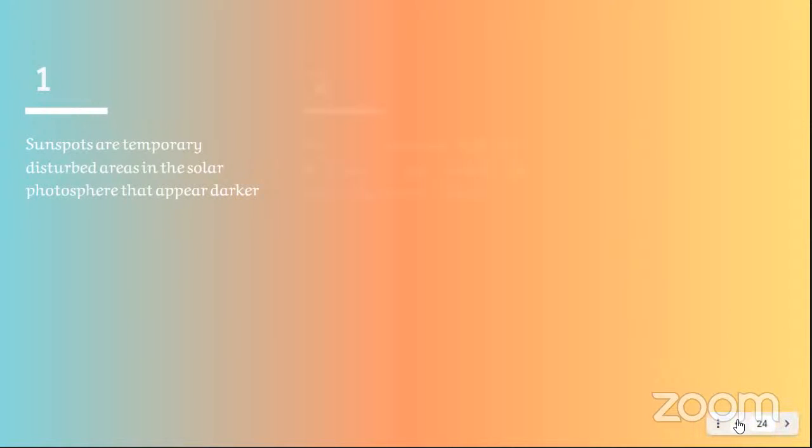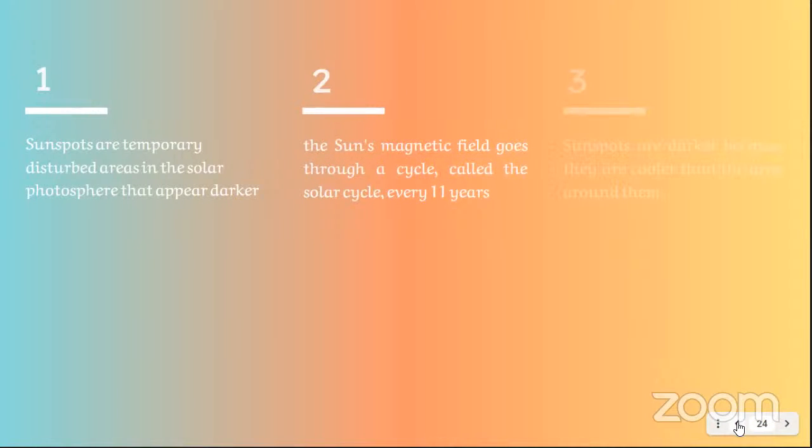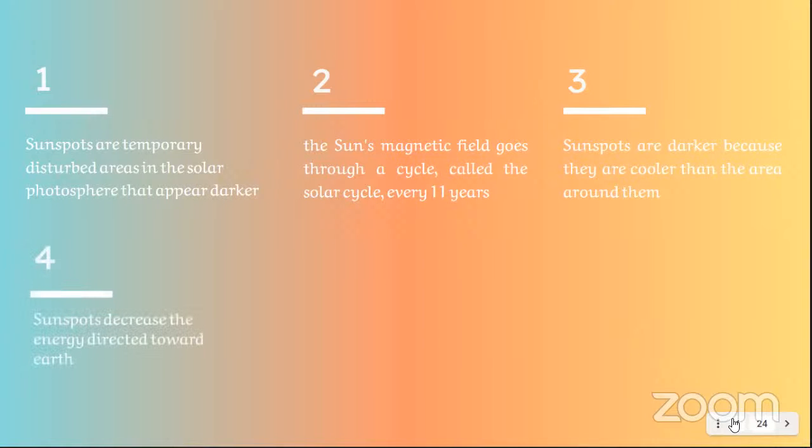The second point is that the sun's magnetic field goes through a cycle called the solar cycle every 11 years. The third point is that sunspots are darker because they are cooler than the area around them. The fourth point is that sunspots decrease the energy directed toward Earth.